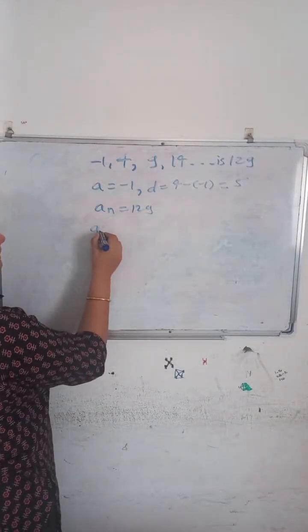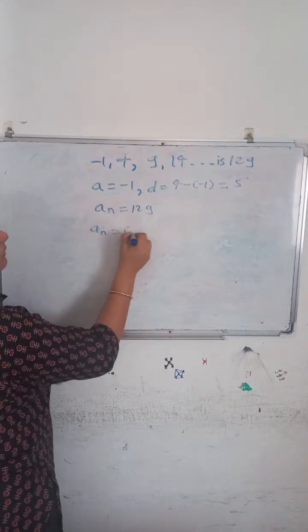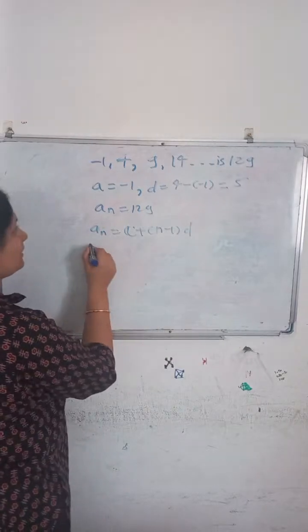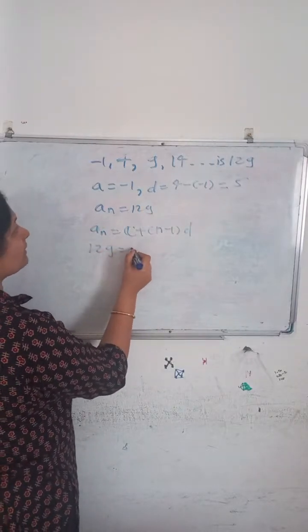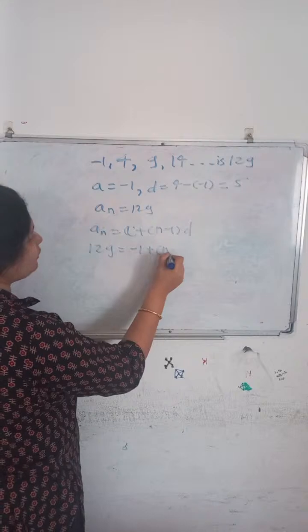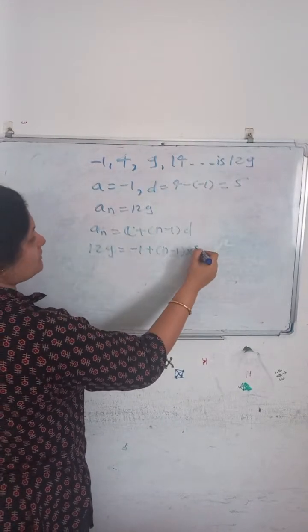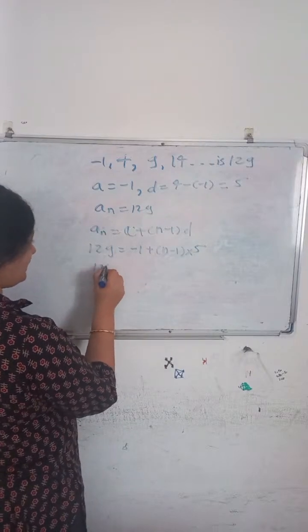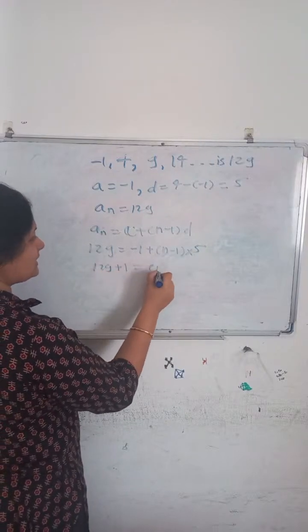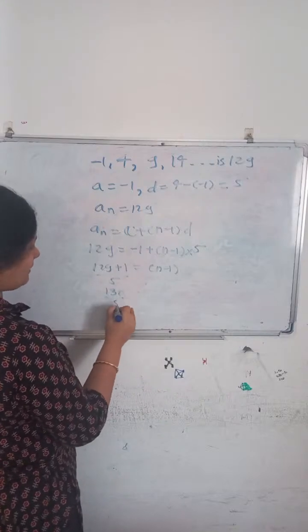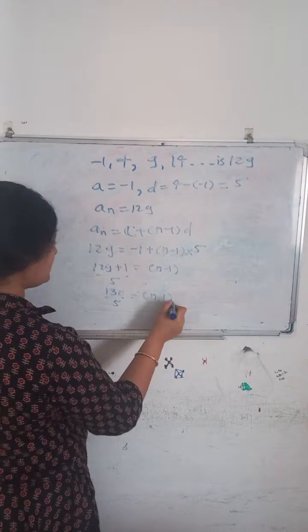So they are saying the nth term is 129. So I will write here a_n is equal to A plus n minus 1 into D. a_n is 129, A is minus 1, and D is 5. So 129 plus 1 is equal to n minus 1 into 5. So 130 by 5 is equal to n minus 1.